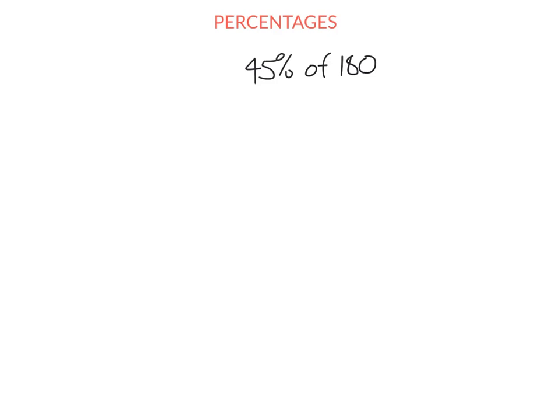So I'm going to convert 45% to a decimal. So 45 divided by 100 is 0.45. Now, of means times, just like it did when I was explaining fractions on the previous slides. So 45% of 180 is 0.45 times 180. So if you put that on your calculator, you get 81. That's how I find a percentage of a quantity.